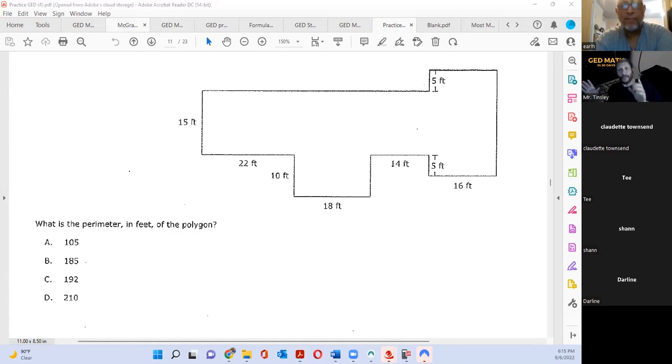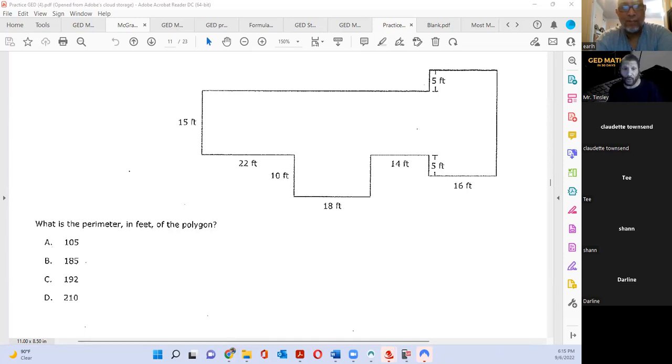So if you think like that, what's the first thing I tell you? How to start every problem on this exam? Identify what you know. So if you notice that these are rectangles, what do we know about rectangles?